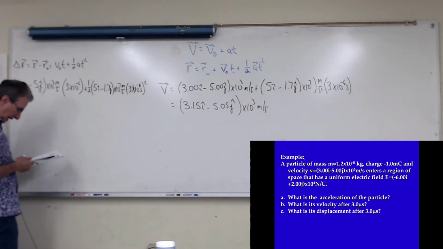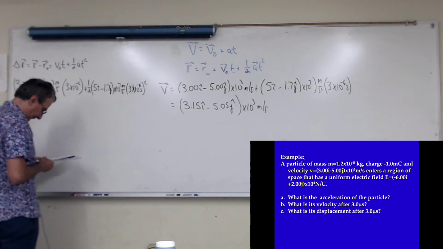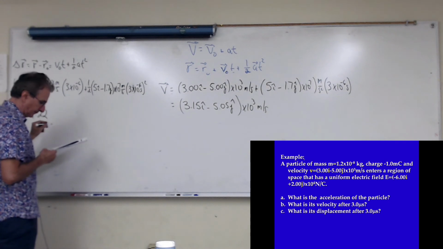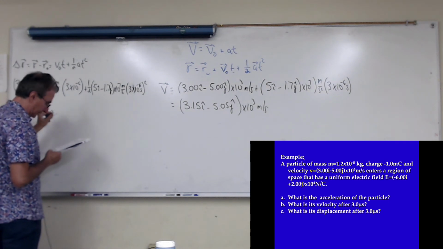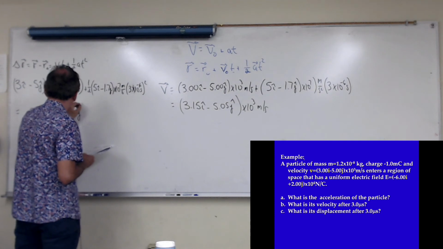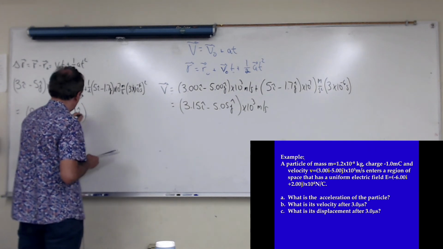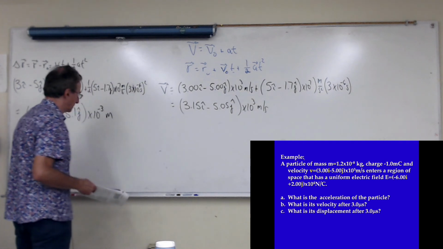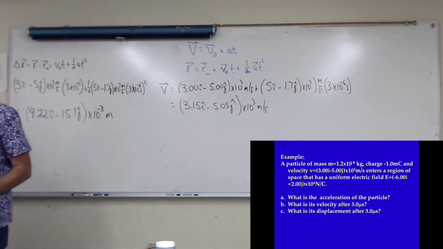So when you work this out, you get 9.22 I hat minus 15.1 j hat times 10 to the minus 3 meters. That's the change in position. Okay?